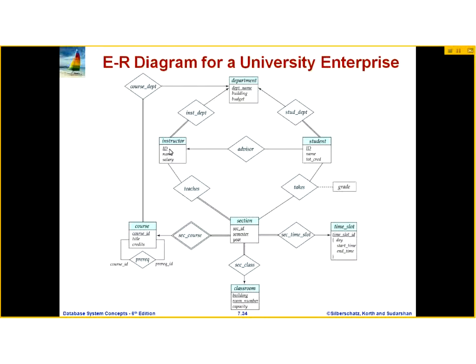Similarly, one department offers many courses, but one course is offered in one department. Similarly, one department can have many students, but one student belongs to one department. So in this way, the relationships between entities are mentioned.